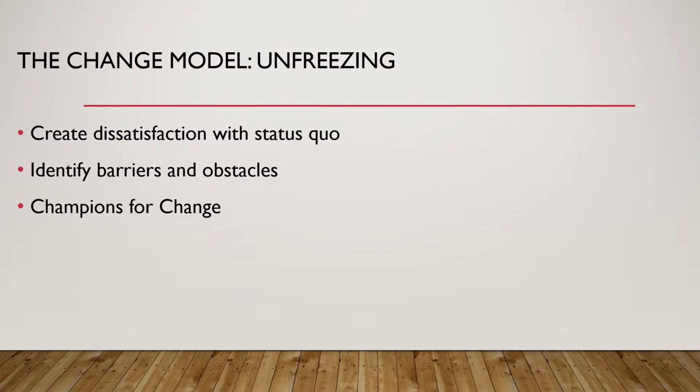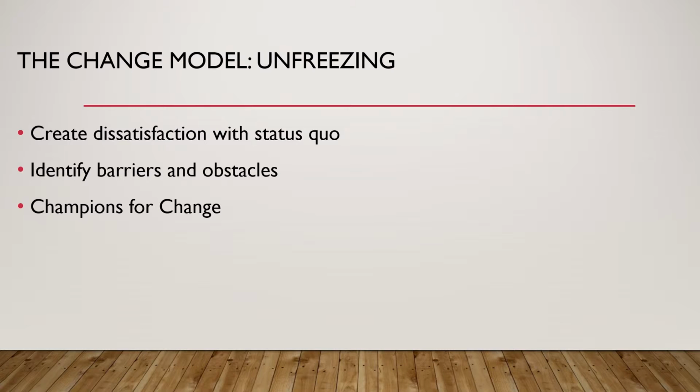The first step in the change model is unfreezing behaviors that are not benefiting our organization. We need to create dissatisfaction with the status quo, the existing processes, the existing behaviors among our team members.